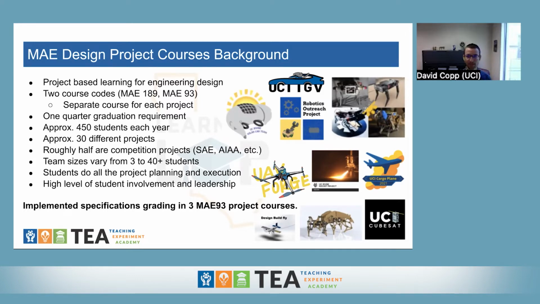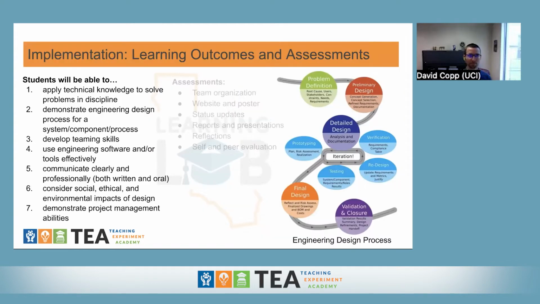So to talk a little bit about the implementation here, first of all, like with any course, you have to set up the learning outcomes and assessments to be able to assess those outcomes. And specifications grading really helped me to revisit these and make sure that the course was preparing the students in a way that I wanted it to.